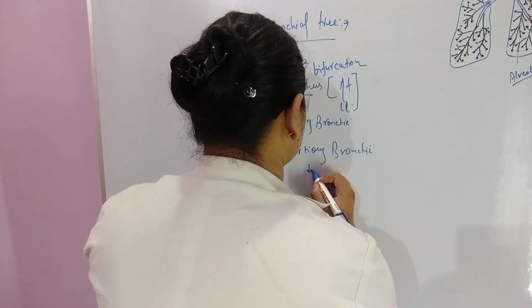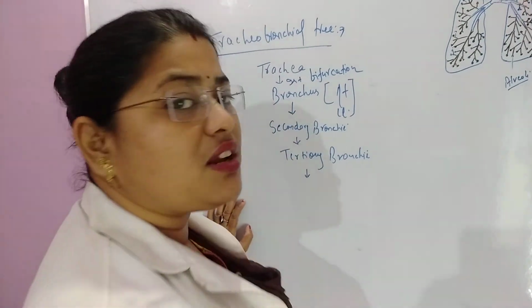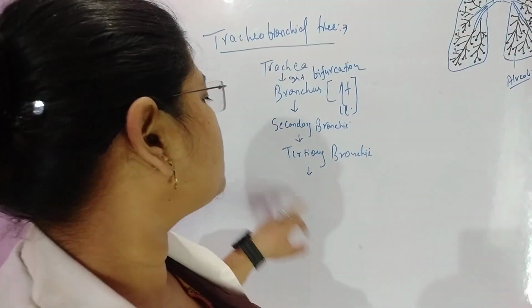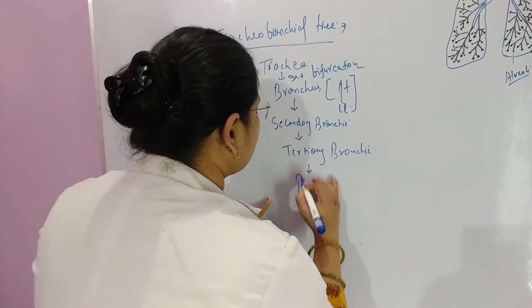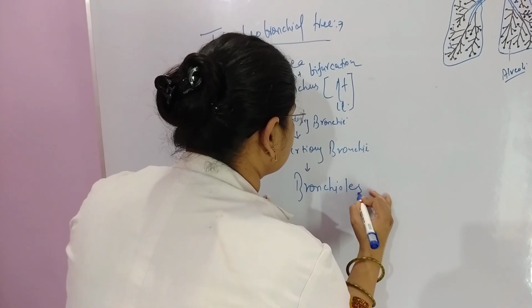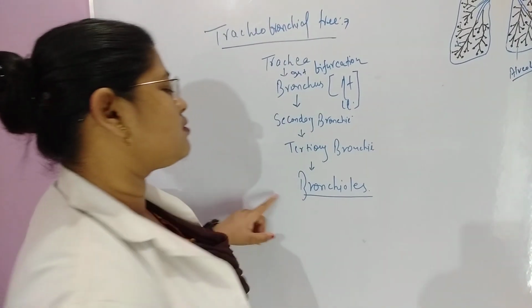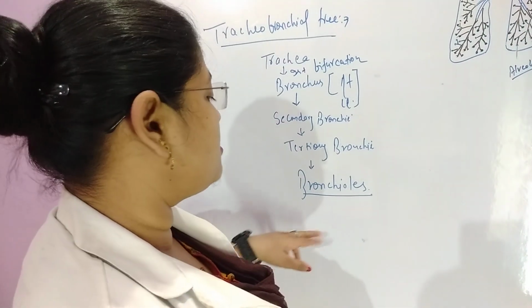Here several branchings take place, and after rebranching and several branchings, it gives bronchioles. It is the smallest branch.